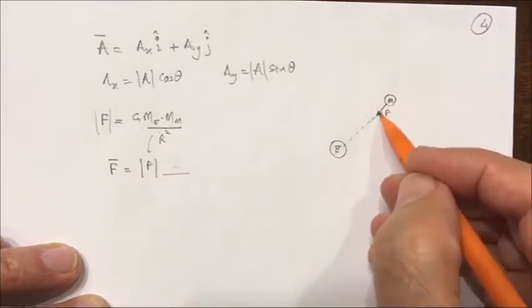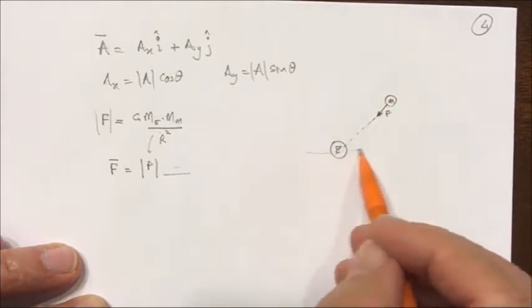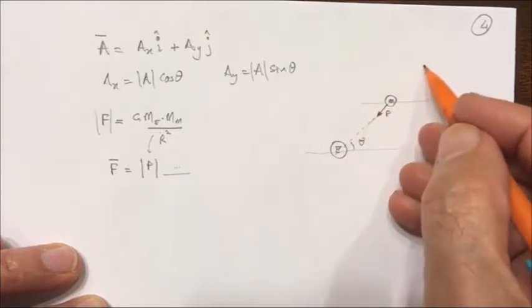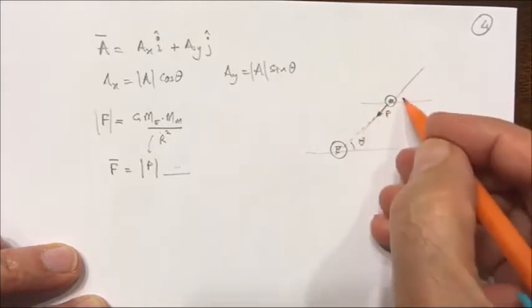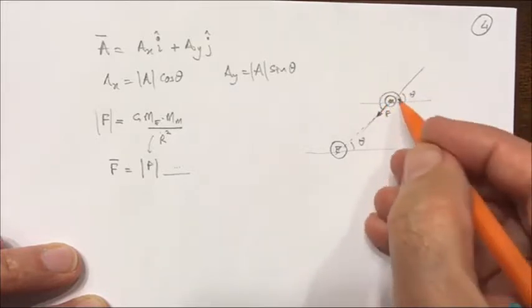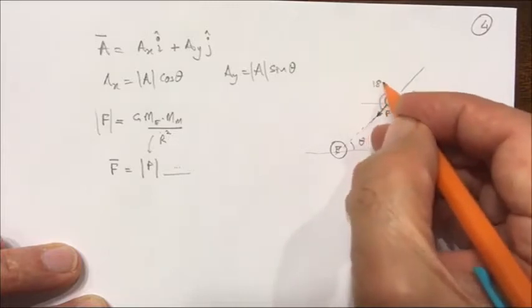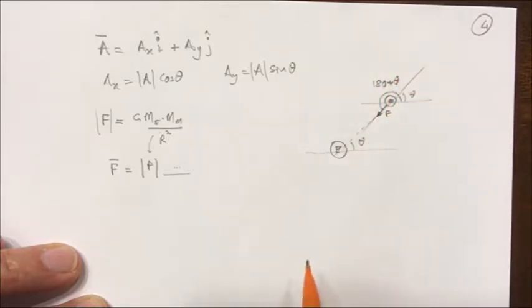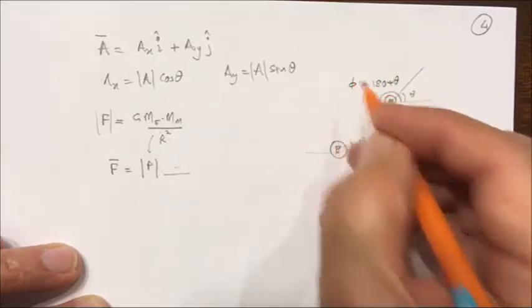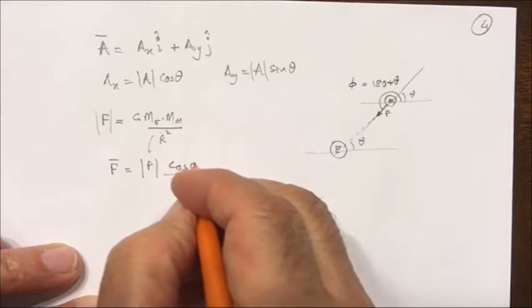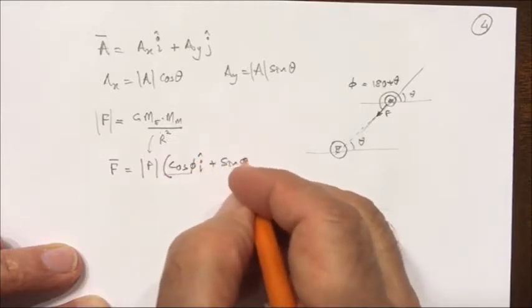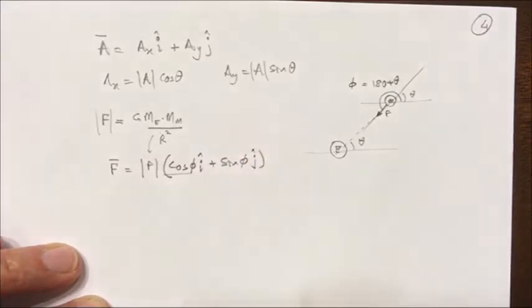So how do we get this unit vector? Well, if this angle is, let's say, theta, this angle is also theta, and this whole angle becomes 180 plus theta. Let's call that phi. So it's simply cosine phi i plus sine phi j.